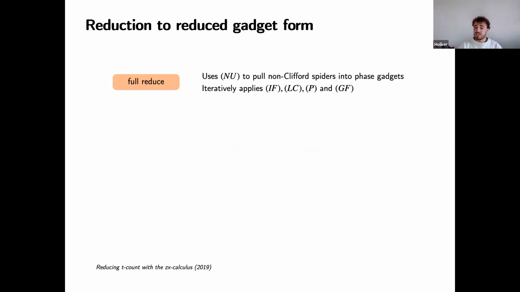With phase gadgets, the full reduce algorithm applies identity fusion, local complementation, and pivoting, and it pulls out all non-Clifford phases, all non-Clifford spiders, into phase gadgets. Every single one of these rules removes a vertex. Local complementation removes all interior vertices with plus or minus pi over 2 phase, and pivoting removes all interior vertices with integer multiple of pi over 2 phase.